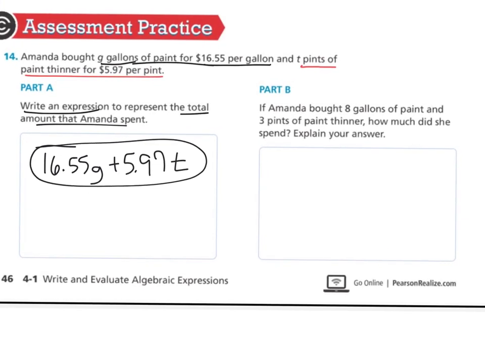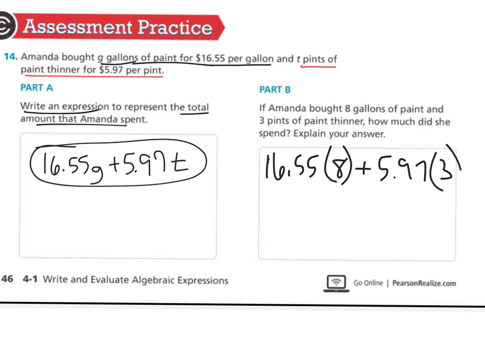And then part B, if she bought 8 gallons of paint and 3 pints of paint thinner, how much did she spend? So that would just be substituting. So $16.55 times 8 gallons of paint, and $5.97 times 3 pints of paint thinner.